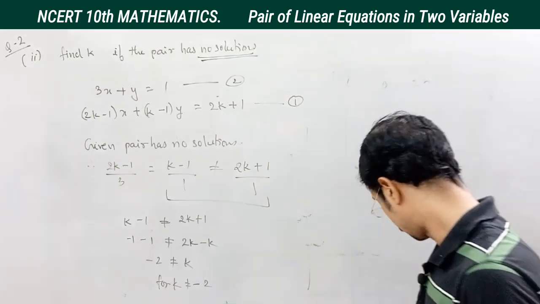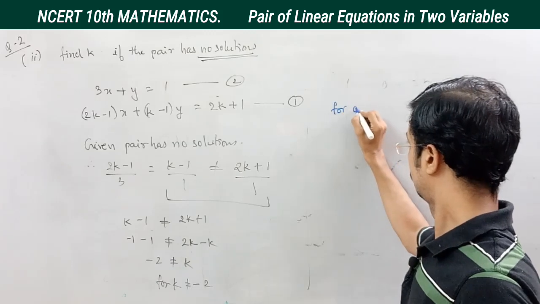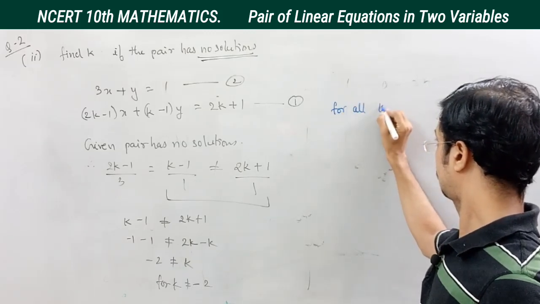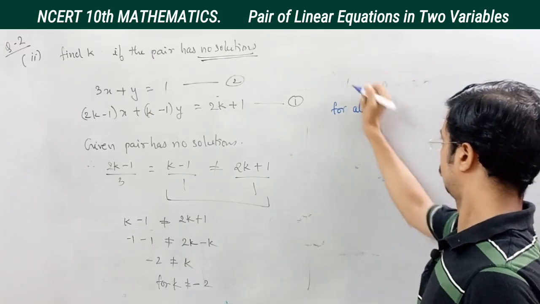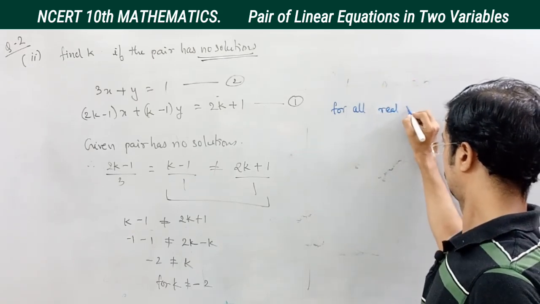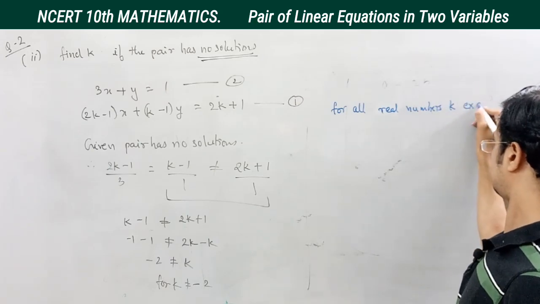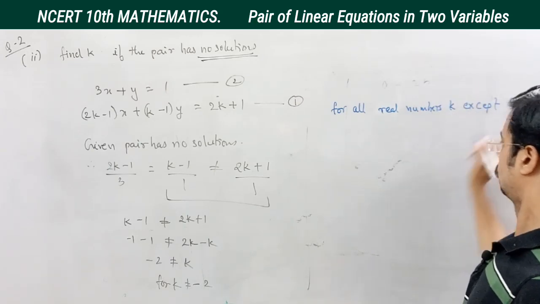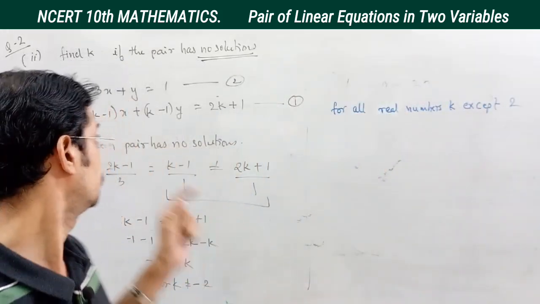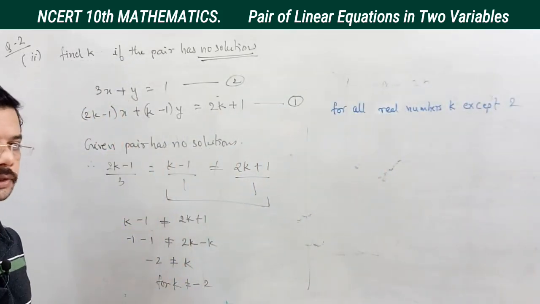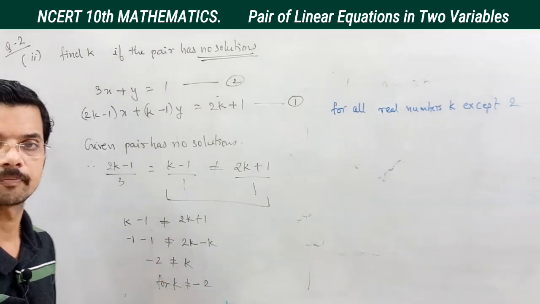For all k belongs to R, so for all real numbers except minus 2, this particular equation will have no solutions. Okay, pause the video and note the problem.